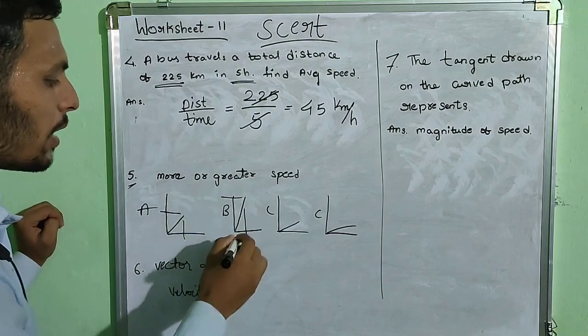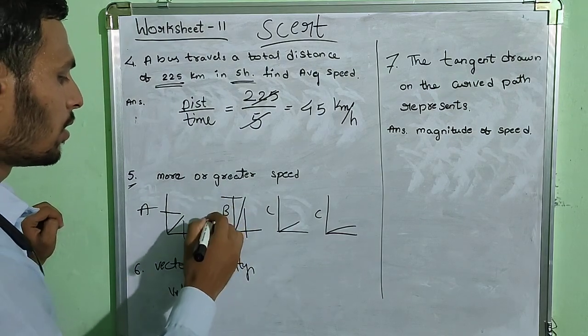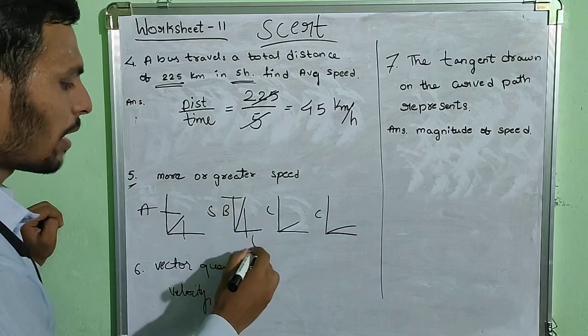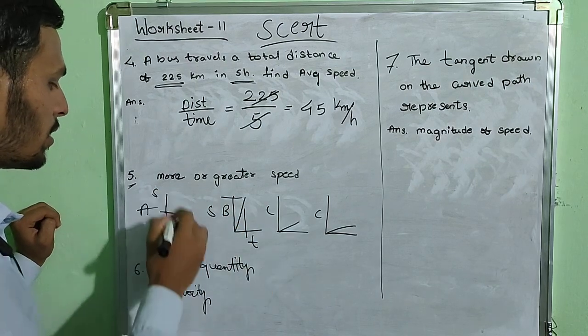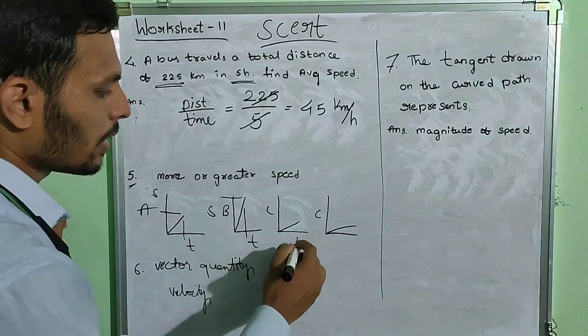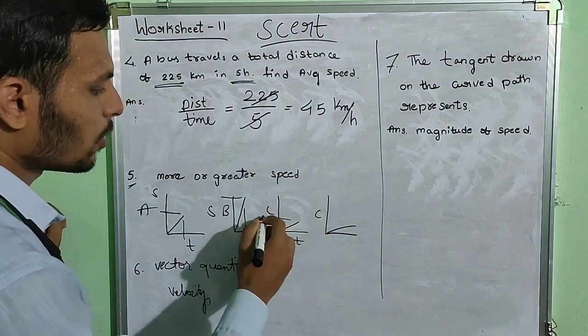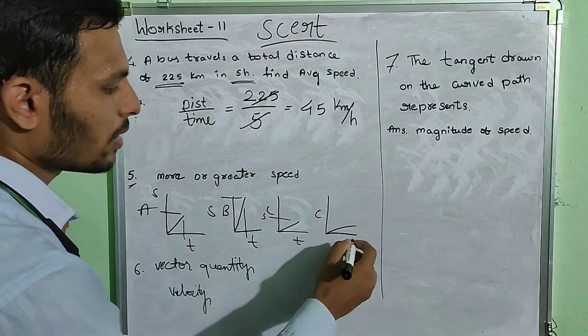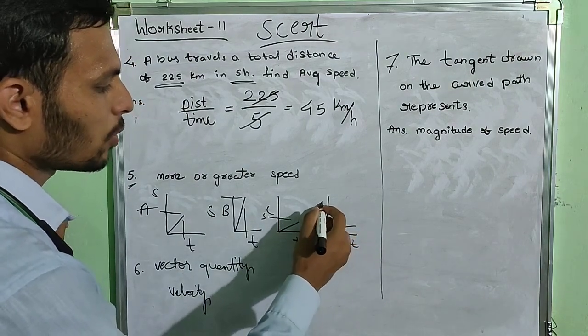Here it is distance and here it is time in the graph. Another is taking too much time but covering less distance.